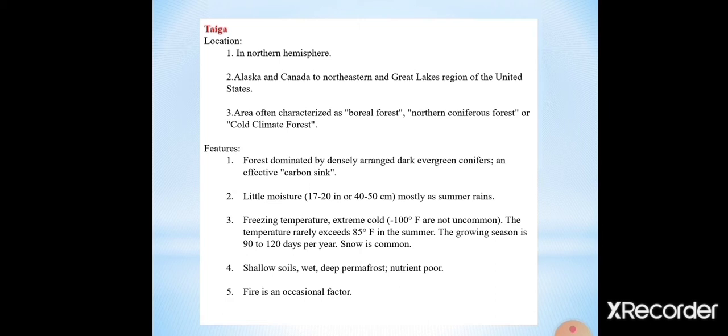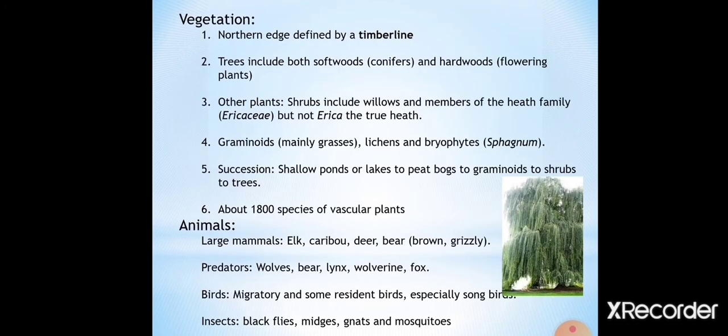This region has long winters and moderate to high annual precipitation. There are 1800 species of vascular plants occurring in this biome.